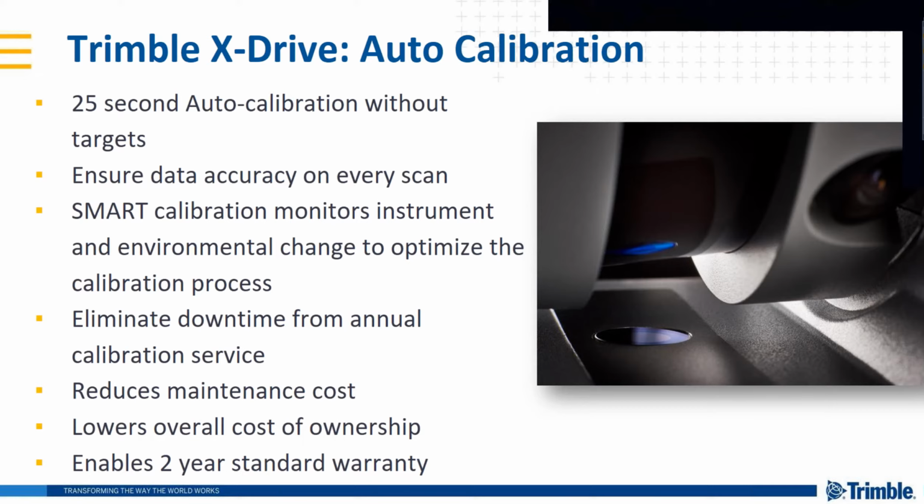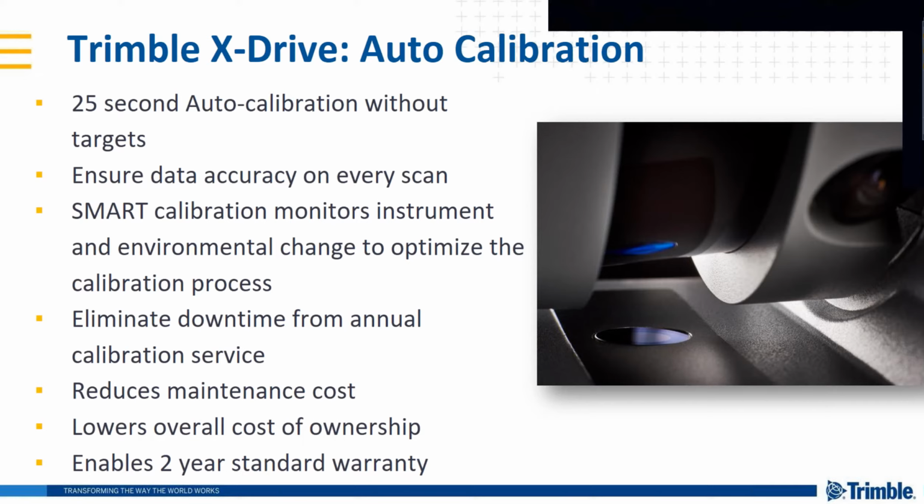Whenever the scanner or total station is turned on, these values are applied in order to meet the specification of the system. However, one of the reasons you have to send it back once a year is that over time these values might drift. So you have to take it back and go through this again and again to meet that specification.